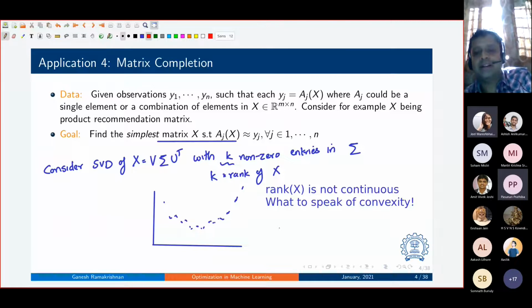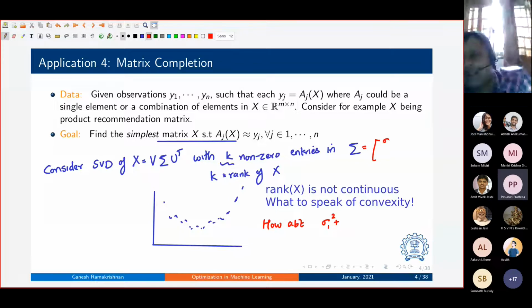What if I look at the sum of, say, the squares of the singular values? So let's say sigma 1 squared, sigma 2 squared, up to sigma k squared, the rest are all zeros. Only k of them are non-zero.